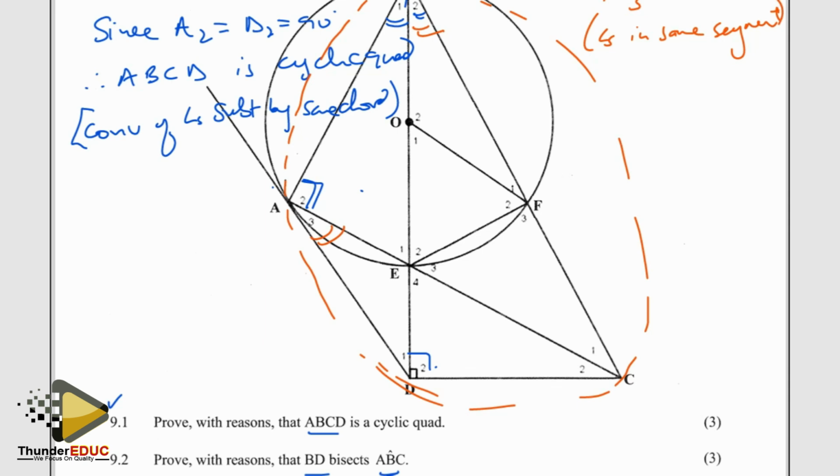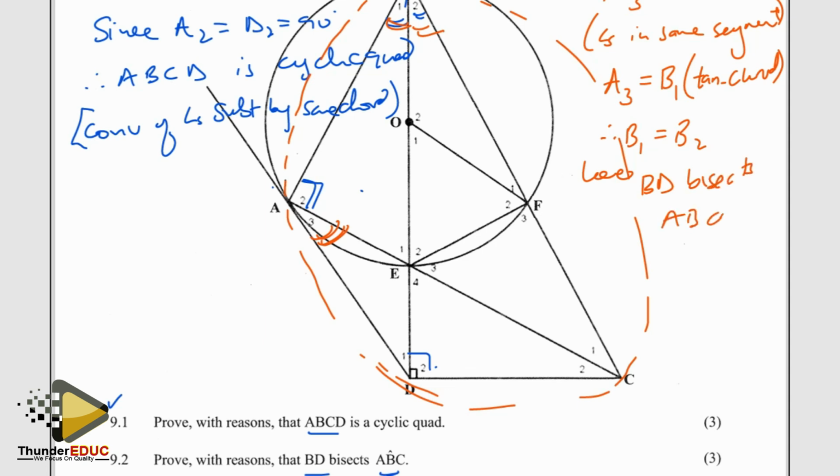I'm also seeing that A3 is the same as B1. That is the tan chord theorem, because this is a tangent and this is a chord. So since A3 is B2, and A3 is B1, therefore B1 is the same as B2, hence BD bisects ABC.